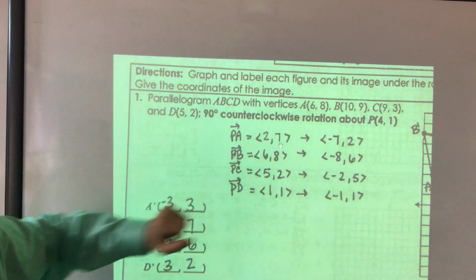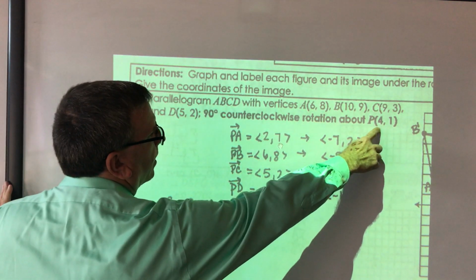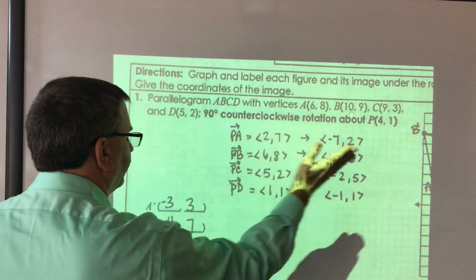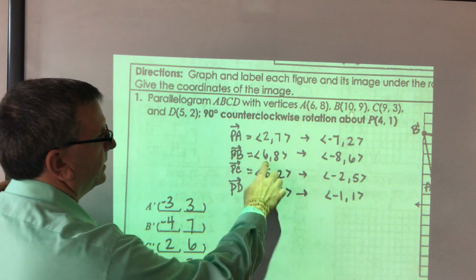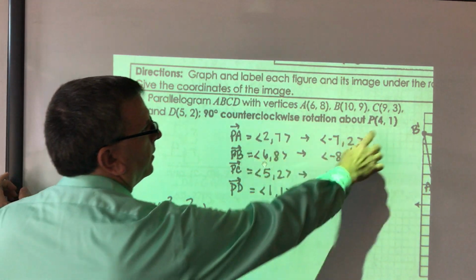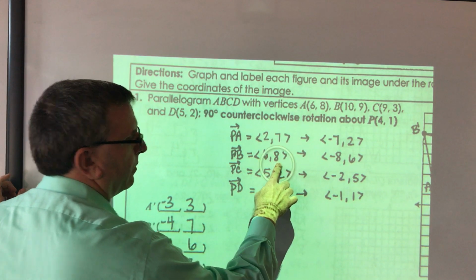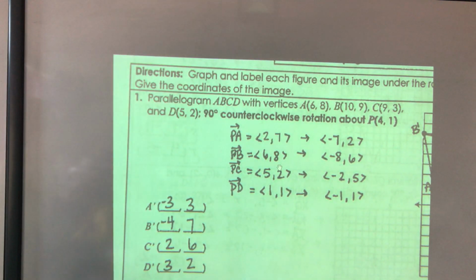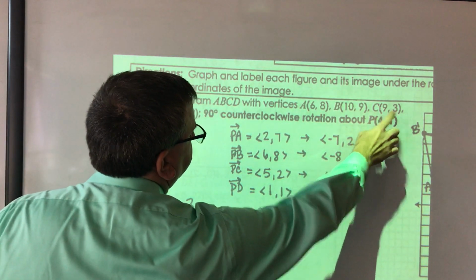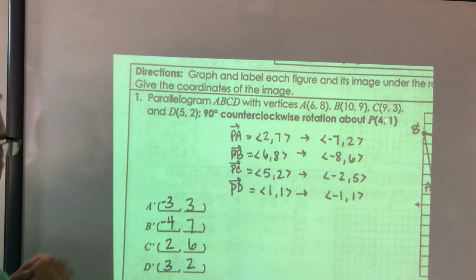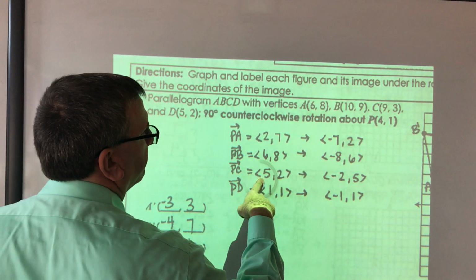From 4 to 10, did I go to the left or to the right? To the right, so it's a positive 6. To go from 1 to 9, I went up. When it's y, we go up or down. I went up 8, so it's a positive 8. To go from 4 to 9, I went to the right 5.